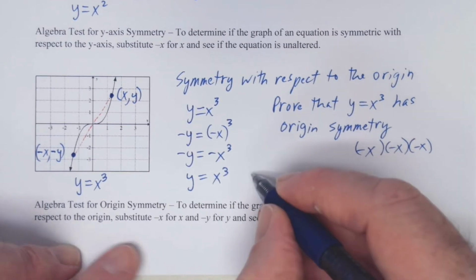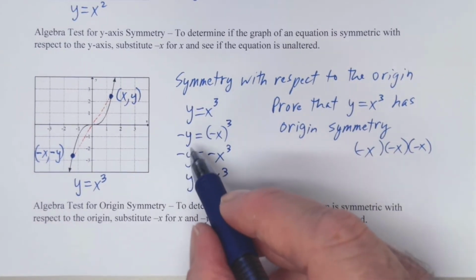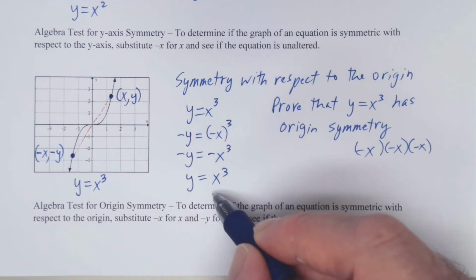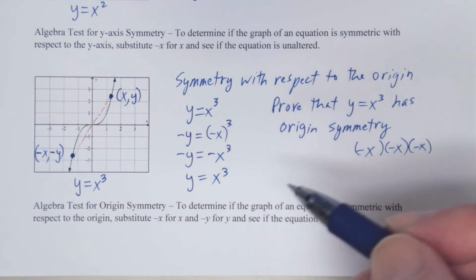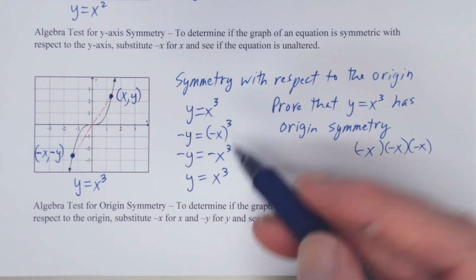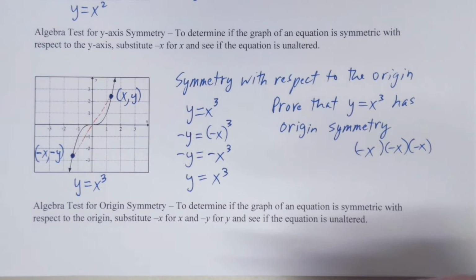And so again, when we replace x and y with their opposites, we end up with the same equation, or it's unaltered. And so in this case, yes, we have shown that this has origin symmetry. So this is how we would do that algebraically.